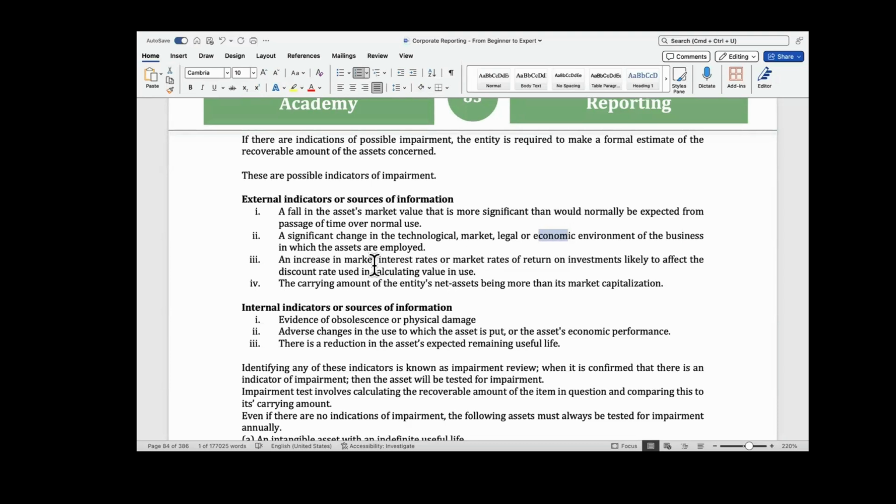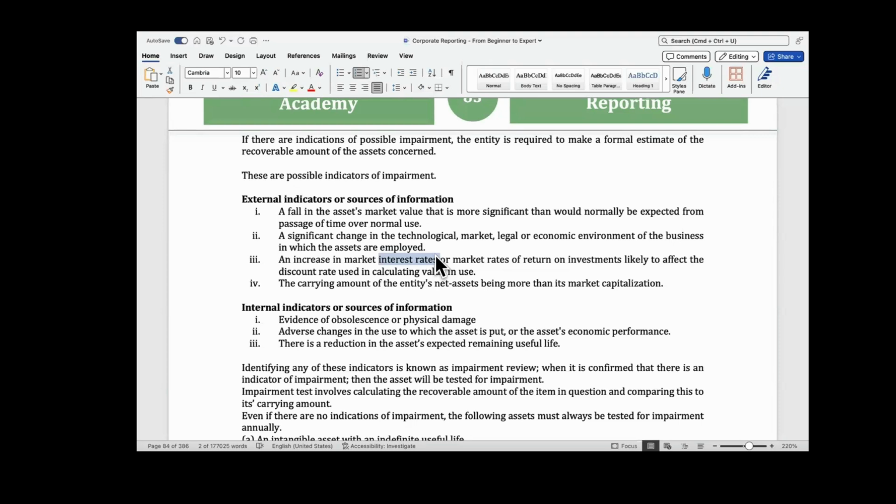And another one is increase in interest rates. Like the example I just gave you now, CBN has increased the MPR, the interest rate. So for you to really relate with this, there is a figure we usually use to calculate, which is value in use. The interest rate, we use it as a discount factor.